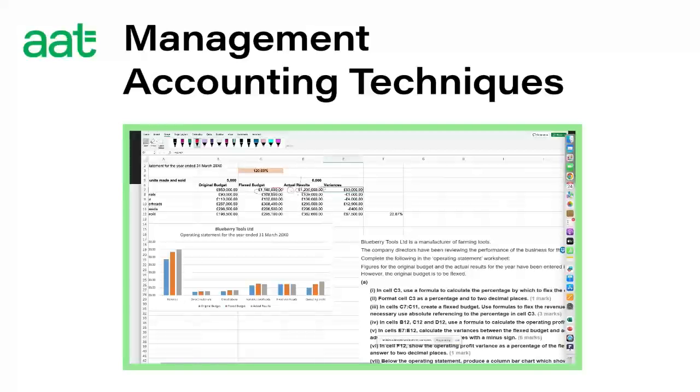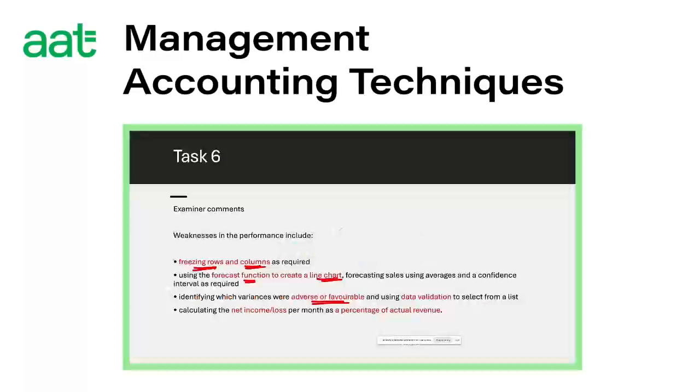But when it comes to material costs, I can see my actual costs being greater is actually a bad thing. So this time I'm going to have to change that formula so that it's C8 minus D8, so that I get a minus sign in that particular cell. So you've got to be really careful and read the question, as I said, and answer the question as required.